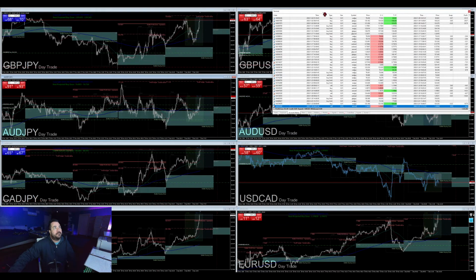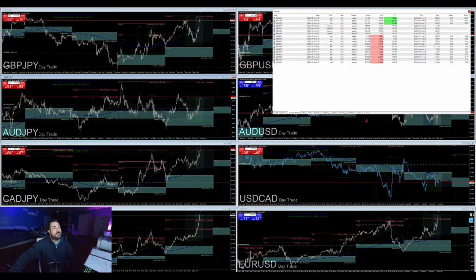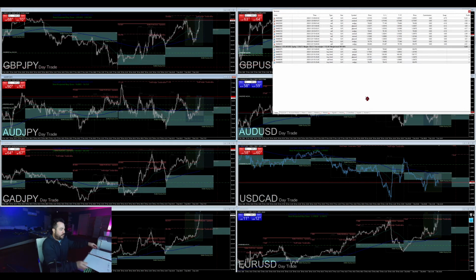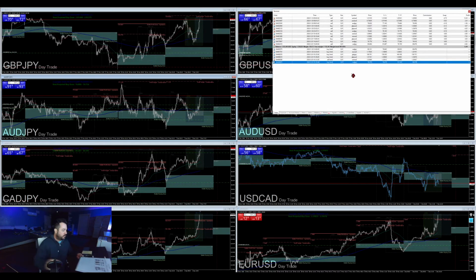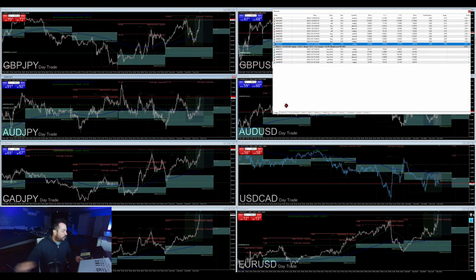Okay. And all the floating. I should have 1, 2, 3, 4, 5, 6, 7 of my pending. 1, 2, 3, 4, 5, 6. So one of them just triggered. Must be this one, 2410. Canadian yen, position trade.